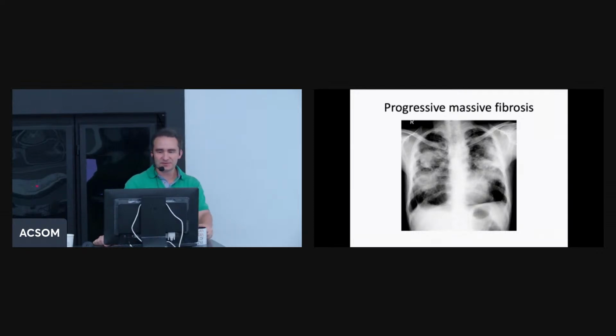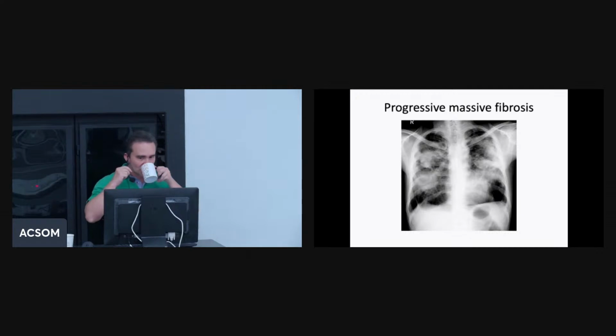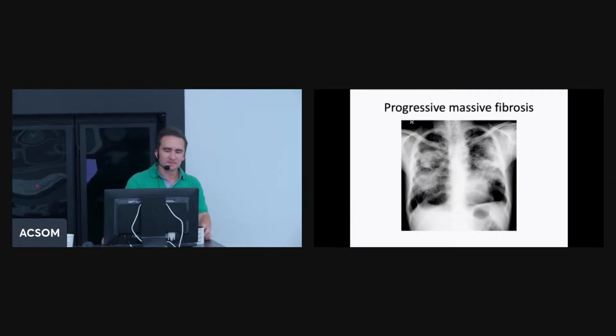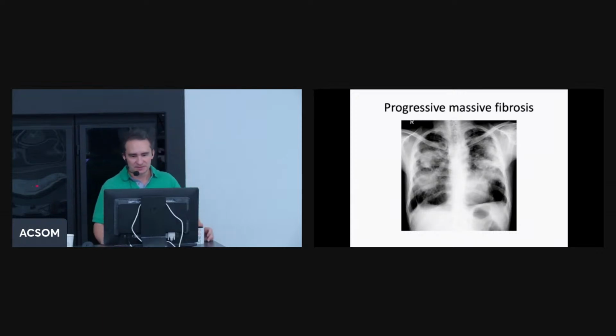This is progressive massive fibrosis. You see the multiple small nodules, they became a few big ones. And if you just see the X-ray, again, it can be anything. It can be sarcoidosis, potentially, but it would be unusual for cancer to look like this, because if the cancer gets to this stage, they're usually much more symptomatic.